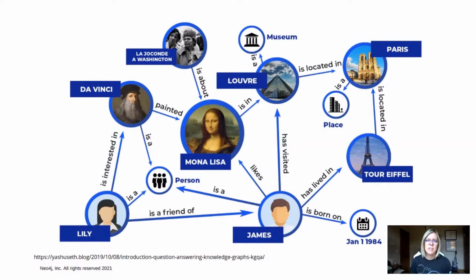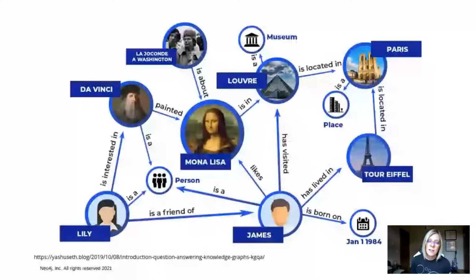So then you'll notice down in the lower right, I've got this node called James. And I see that James is a person, and James likes the Mona Lisa, has lived in the Eiffel Tower, maybe not, maybe James has lived in Paris. Knowledge graphs are notoriously noisy. So obviously James has not lived in the Eiffel Tower, but that's something that we get to deal with as data scientists.